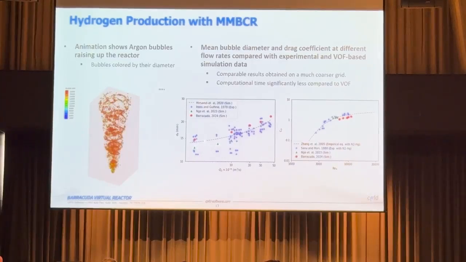So you have to tune your coalescence factor and the maximum bubble size based on one of the flow rates. Once you do that, you can consistently use those values for other flow rates, as I've done in this work. And then I also compare the drag coefficient on the bubbles. Again, we do a great job considering the grid counts we're using and how quickly we can solve these simulations.